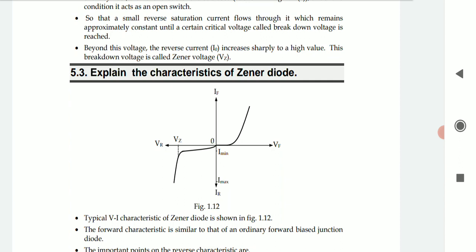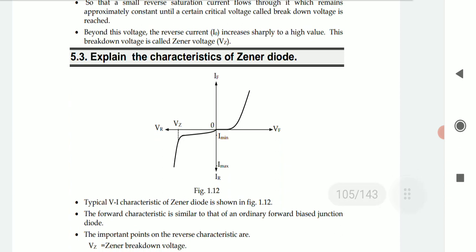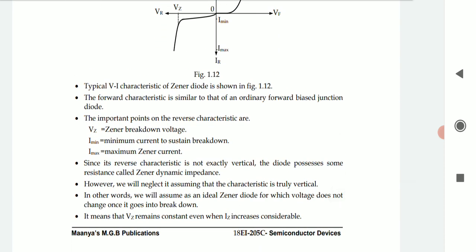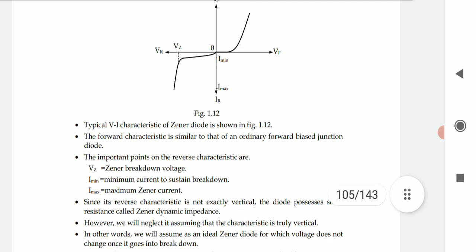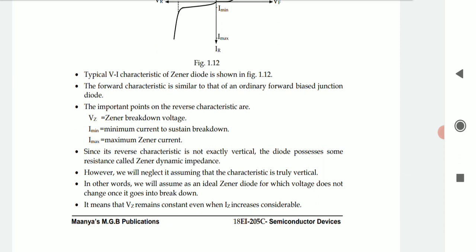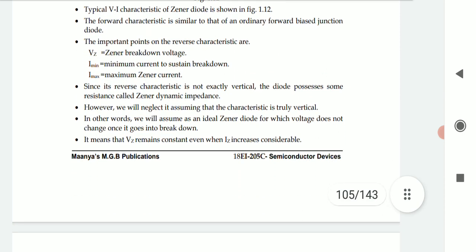After VZ, suddenly the maximum current flows through the Zener diode. This voltage is called breakdown voltage. After breakdown, it gives a constant voltage irrespective of changes in input. Here VZ is the Zener breakdown voltage, and I minimum and I maximum are the minimum and maximum Zener current.